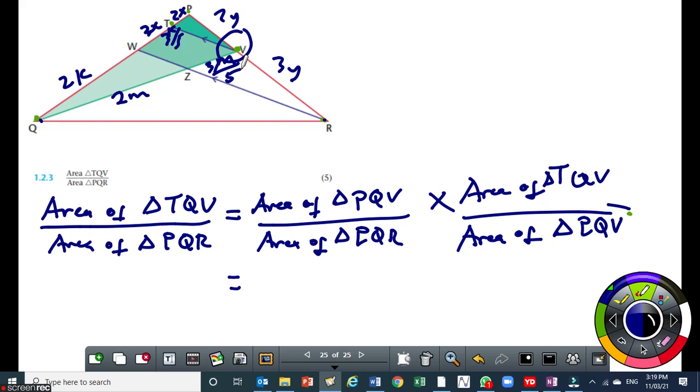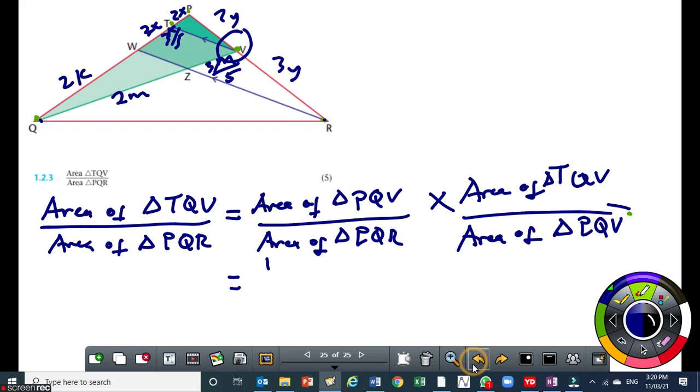The area of PQV is going to be in terms of K. Remember, it shares the common height with triangle PQR. Do you agree with me on that? They share a common height. So the ratio of their areas will be equal to the ratio of their bases. Right?